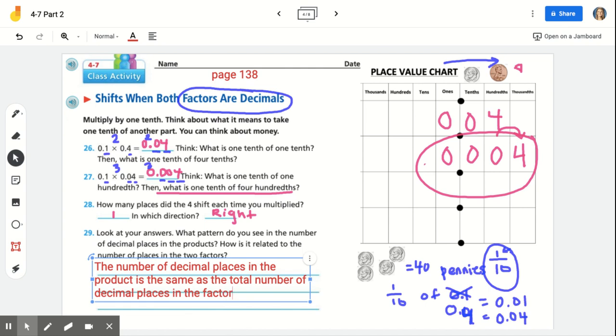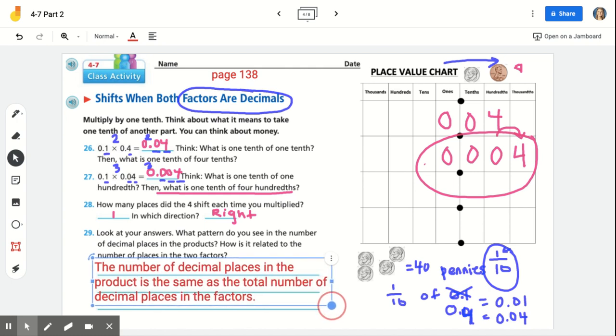Please make sure you have this exact sentence in your book. I'll read it out loud one more time for you. The number of decimal places in the product is the same as the total number of decimal places in the factors. Do you have this written into your book, number 29? Okay, let's move on.